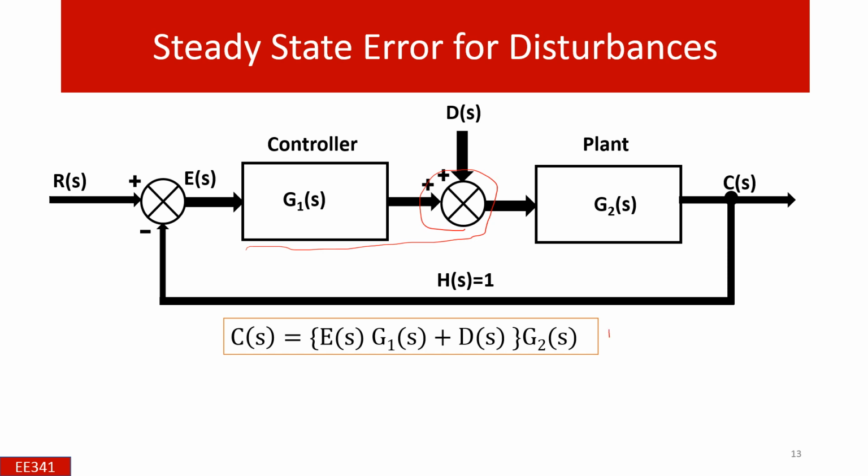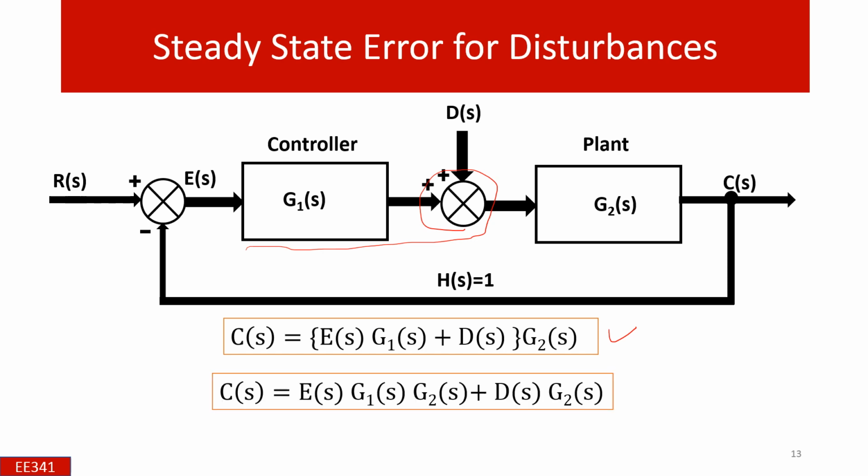This is equal to C(s) according to the block reduction methods. So we multiply G2 with the disturbance term and the G1 and E terms, and this is the relation we have.